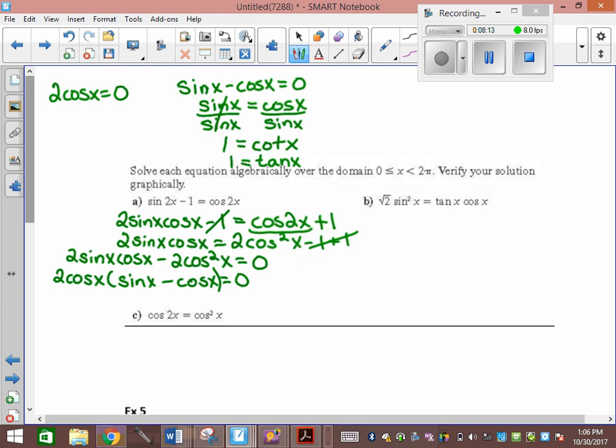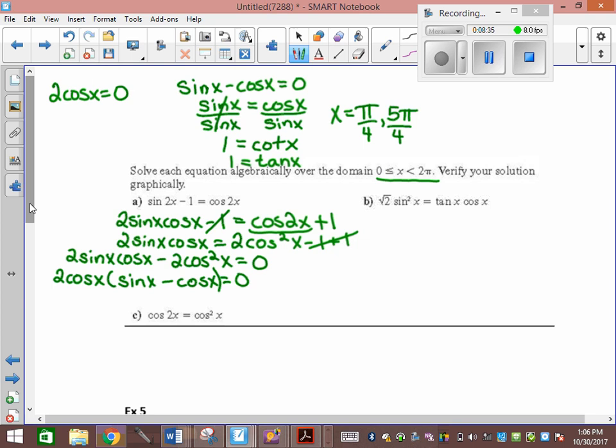My solutions are between 0 and 2π. So where does tan x equal 1? At quadrant 1 and quadrant 3, because that's where tan x is positive, and at the 45. So it's going to be at π/4 and 5π/4.